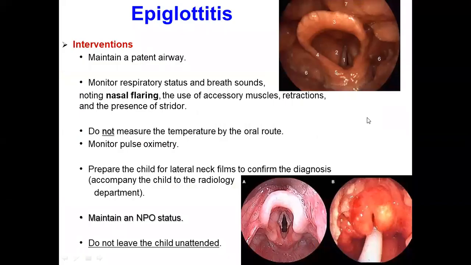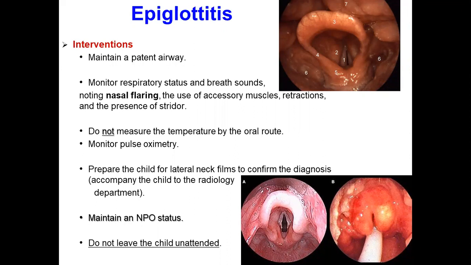What are the nursing interventions? We maintain the patient's airway. In this picture, this is the pathway, but because of epiglottitis, the pathway is narrower. You can see picture number 1 is the normal healthy individual, but in picture number 2, because of inflammation, because of excess secretion of the gland, the area is congested and the pathway is getting narrower, making respiration difficult.